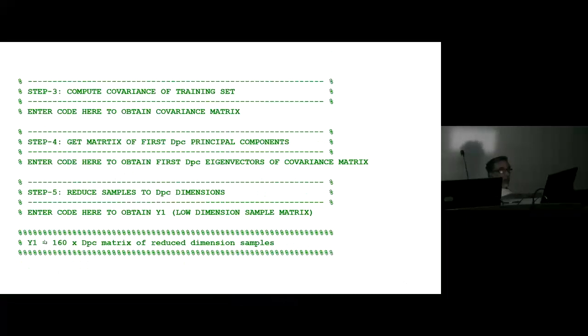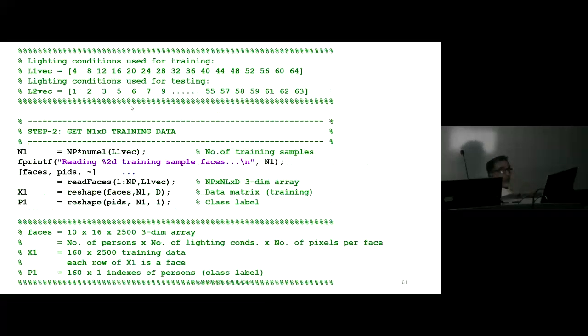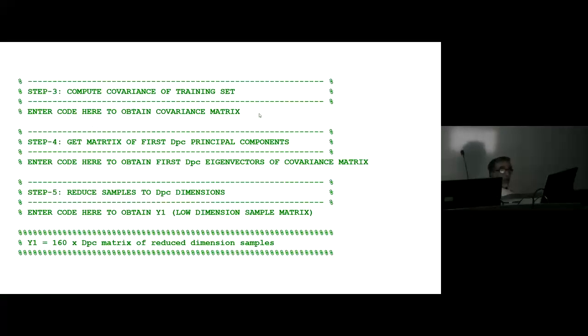So this is what you have to do here. Find the covariance matrix, then obtain the eigenvectors by doing the spectral decomposition, and you'll get the W matrix. And then reduce it to 30 dimensions.